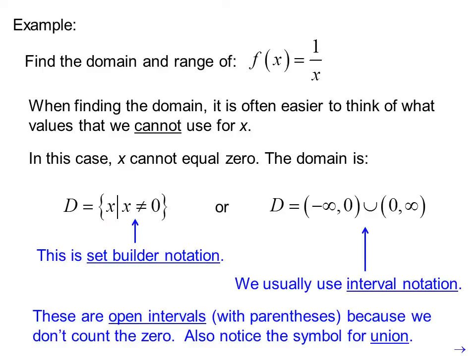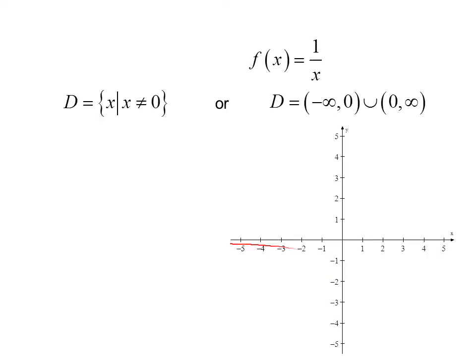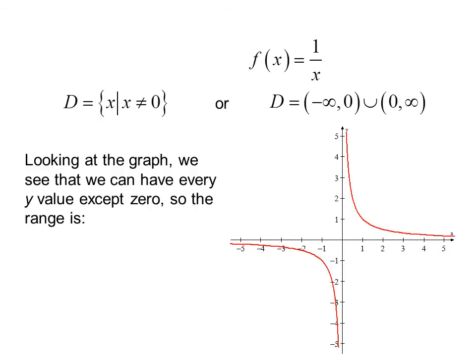Also notice the symbol for union. Now, if we draw the graph, we see that we can have every value except 0, so the range is the interval from negative infinity to 0 combined with the interval from 0 to infinity.